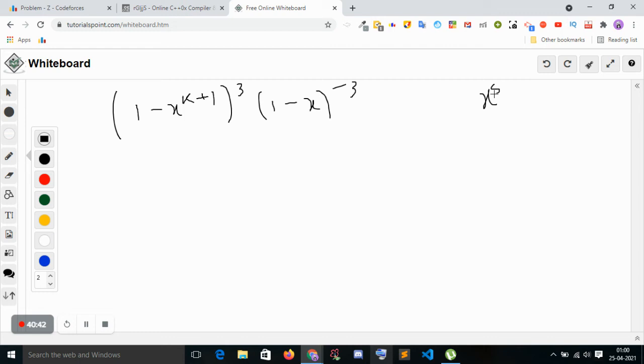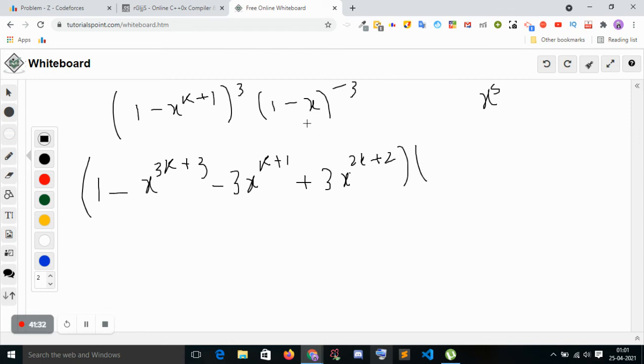Let's try to make some formula. We know that (a minus b) cubed will become 1 minus b cubed, so x to the power 3 into (k plus 1), minus 3a squared b, so 3 x to the power k plus 1, plus 3ab squared, so x to the power 2k plus 2.